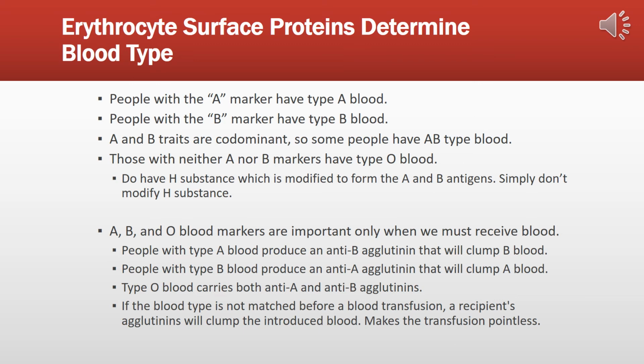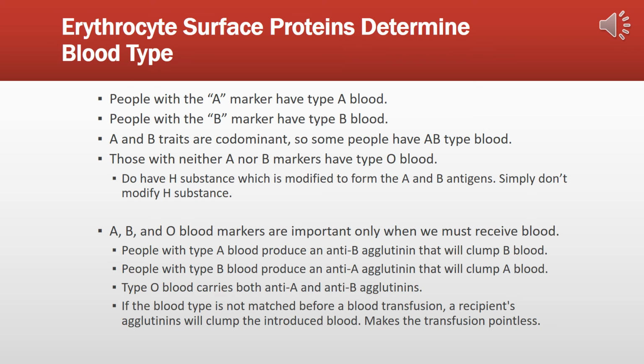And whichever marker we express is genetically inherited, and these A and B traits are said to be codominant, and this means that some people may have AB type blood because they express both types of markers. There are also many individuals who express neither the A nor the B type marker, and these people are said to have O type blood.